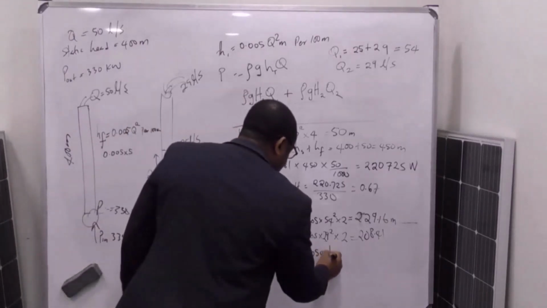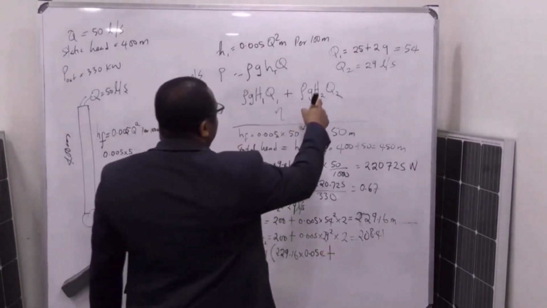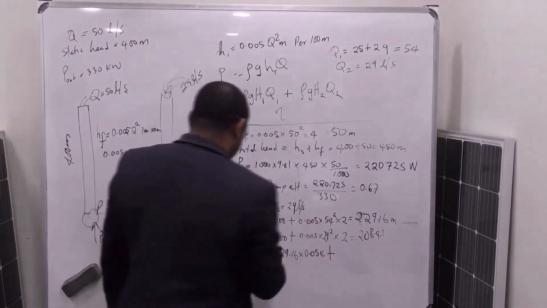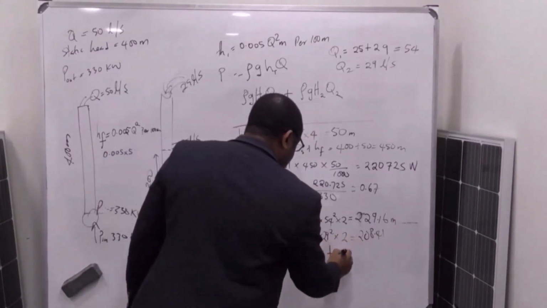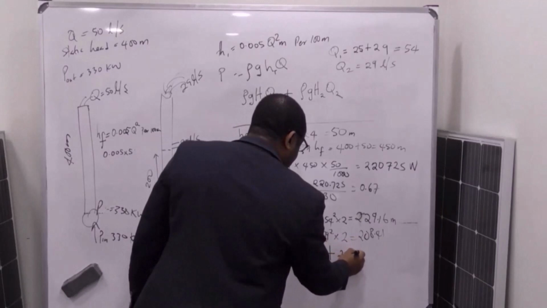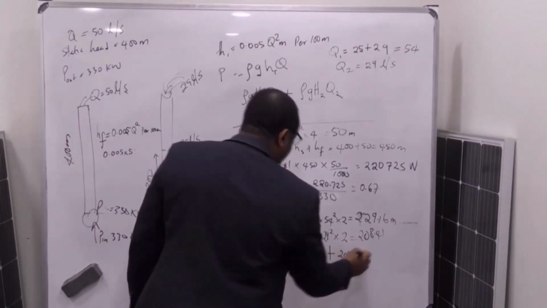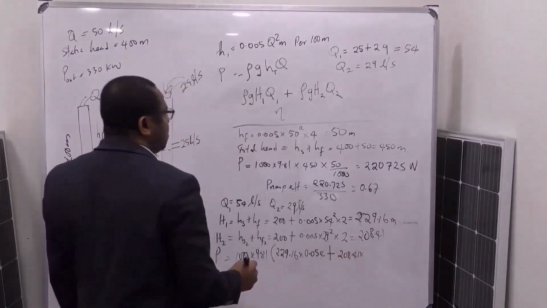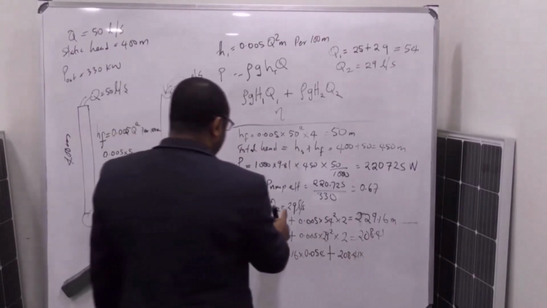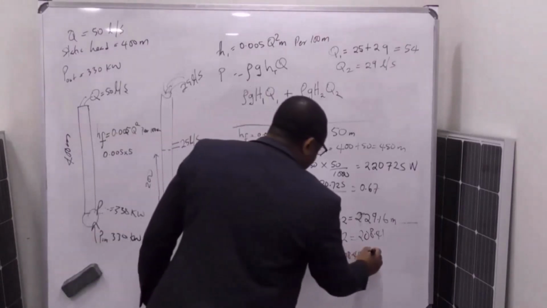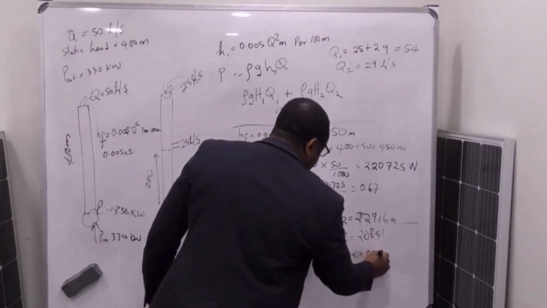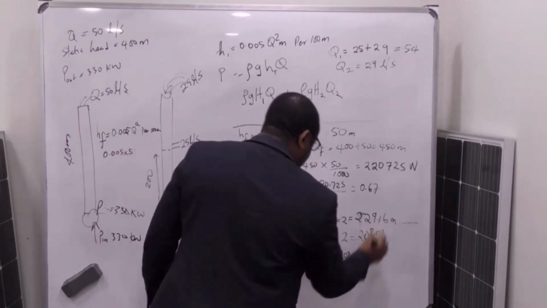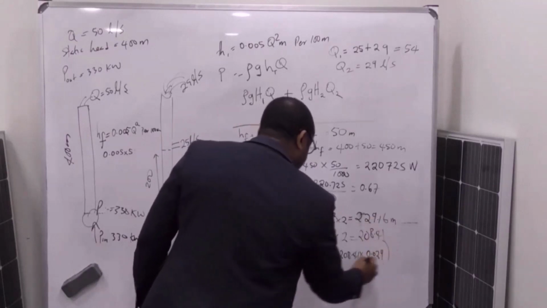And plus H2, which is 208.41, multiply Q2, and Q2 is that 29, 0.029.